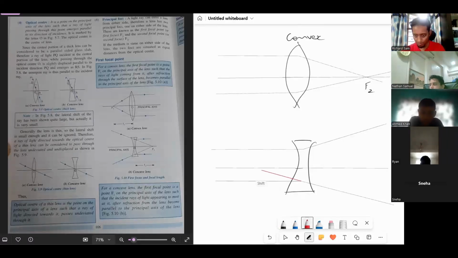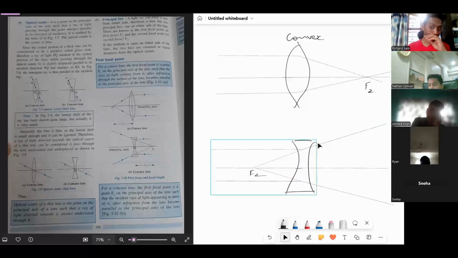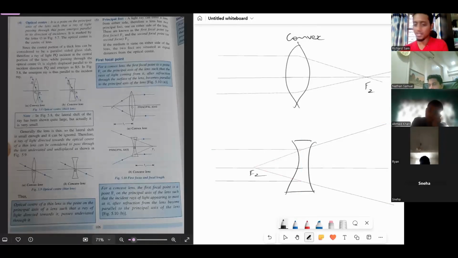If you draw these lines backwards, they will meet at a point. That point is also called F2. So you see, for a convex lens, F2 is on the right side. And for a concave lens, F2 is on the left side.